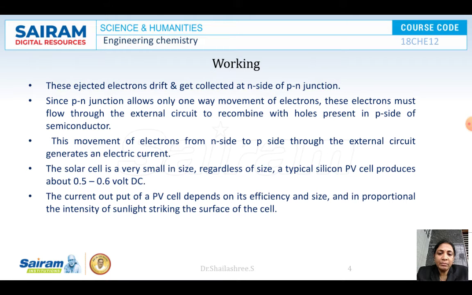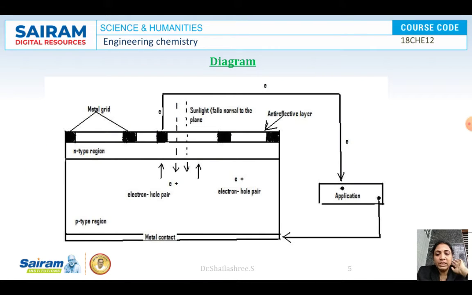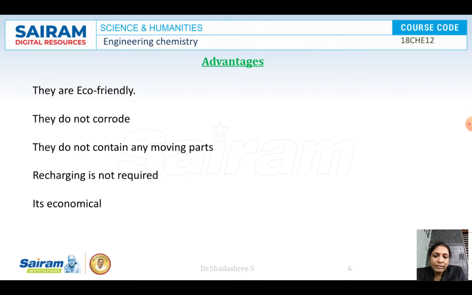Let us see the diagram of it first. This is the solar cell diagram. There will be a metal grid at the top of the solar cell, and at the bottom there will be a metal layer, which may be a metal like silver coated on the back side of the solar cell. These two ends, the metal grid and the metal layer, will be connected to a conducting device like a battery.